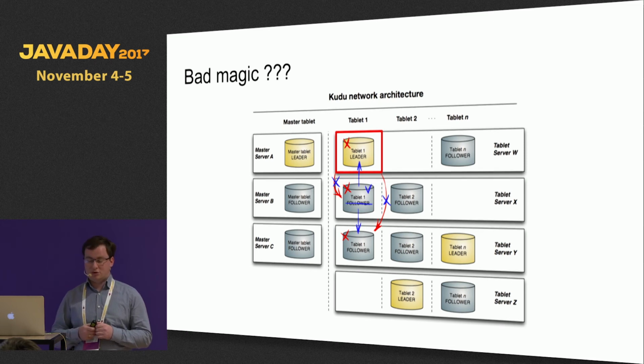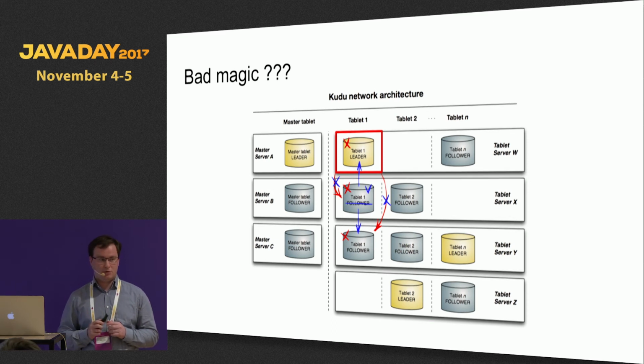Kudu will give this to you. Unfortunately, they also have one additional issue: if you try to run this system in production, you will need to wait some time. They use Raft consensus, but it still takes, for example, something like 10 seconds, and during this 10-second timeout, no transactions are going on.